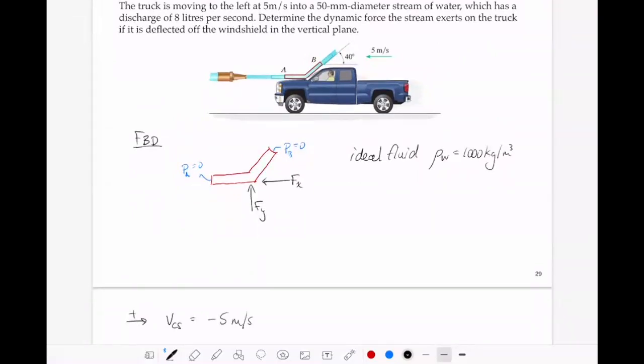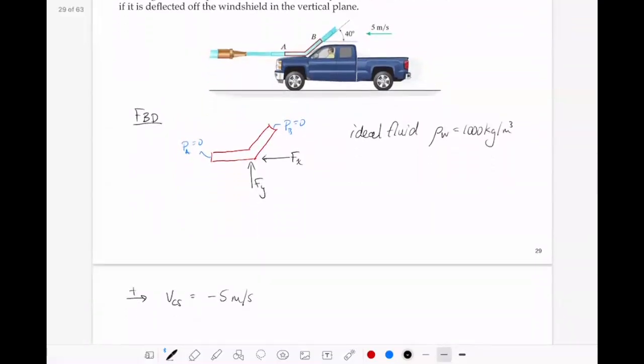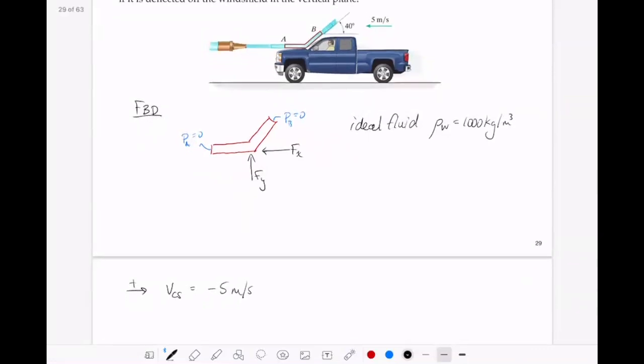So what is the velocity of the fluid at point A with respect to the control surface?